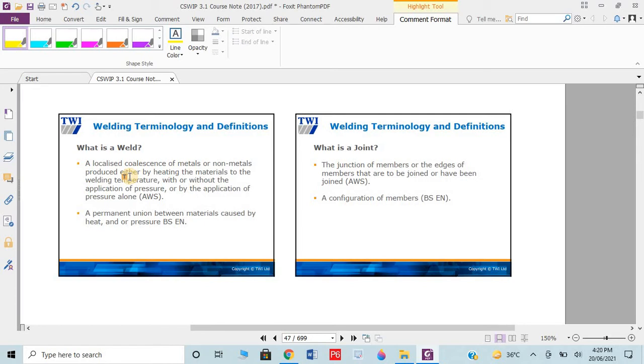Everyone knows that if we have two metals, part A and part B, both different, and we join them together, then the integrated final body is known as weld.